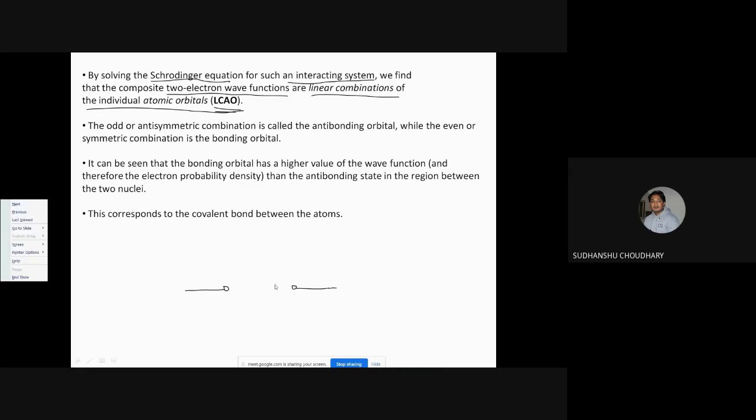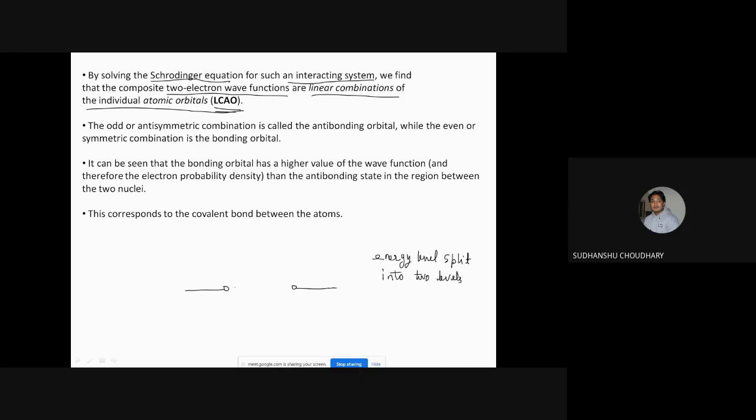So when two atoms are brought together in close proximity, their energy levels split. So the LCAO theory, that is linear combination of individual atomic orbital theory, says that when two atoms are brought close together, their energy levels split into two energy levels, or two levels, I'll write simply.